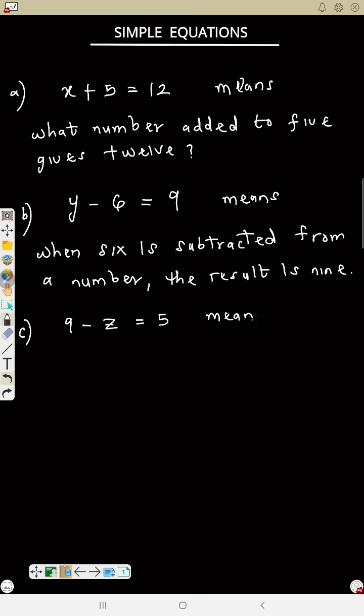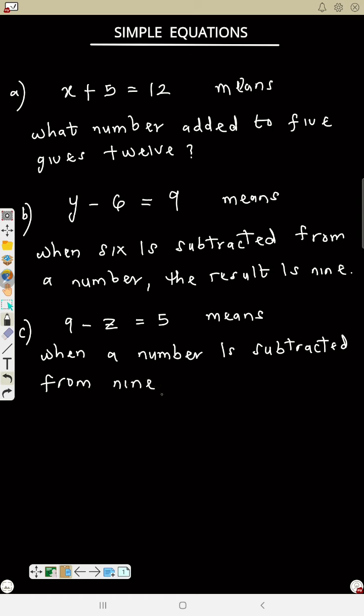Means when a number is subtracted from 9, the result is 5.